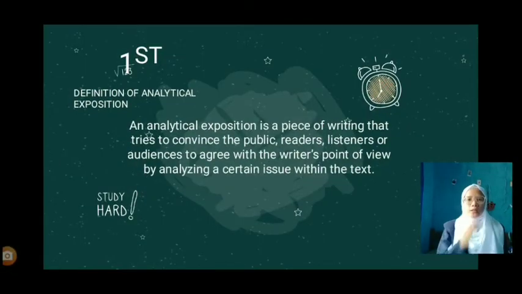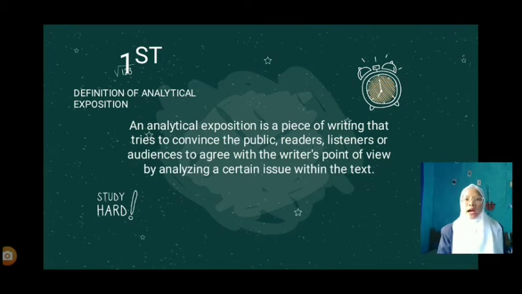Well, everyone, students, here is the definition of analytical exposition text. Analytical exposition text is a piece of writing that tries to convince the public, readers, listeners, or audiences to agree with the writer's point of view by analyzing a certain issue within the text.